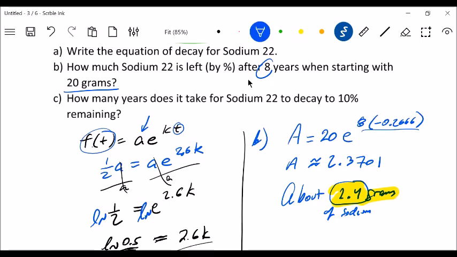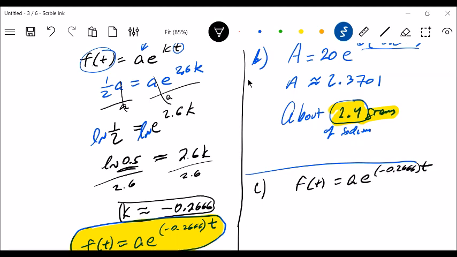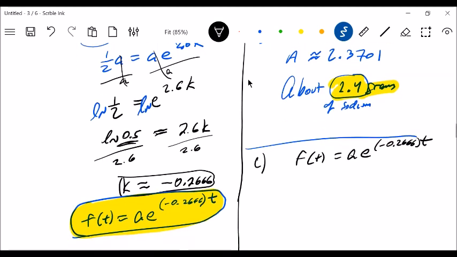And then C, how many years to get down to 10%? Oh, remember the formula, function of time is equal to the amount e to the negative 0.266 T. So 10%, okay, remember, actually, you should say here, we're starting again with 20 here. And so 10% is 0.1.